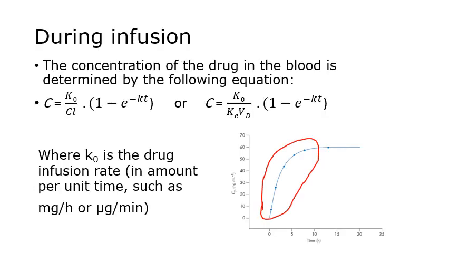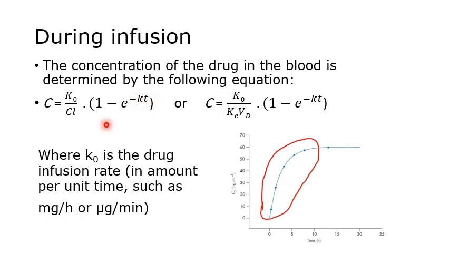Okay, so during infusion time, the concentration of a drug in the blood is determined by the following equation. The plasma concentration at any time during the infusion, before we reach the steady state plasma concentration, equals the infusion rate, which is the amount infused per unit of time, usually mass per time, over the clearance of a drug, multiplied by 1 minus e to the power of minus elimination rate constant multiplied by the time.